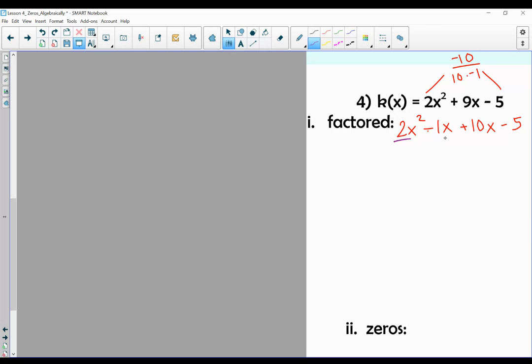They'll be the same. So what is the greatest common factor here once I group them? X's. That's what they have in common. So I'm going to factor out x. And once I divide 2x squared by x, I'm left with 2x. My negative sign comes down. And when I divide negative 1x by x, I'm just left with negative 1.